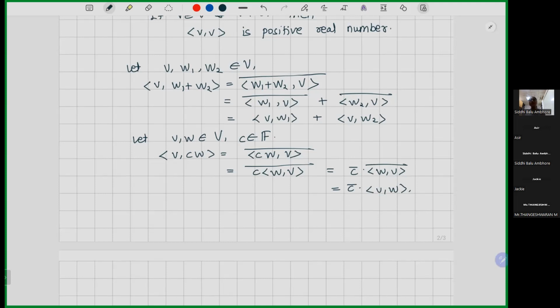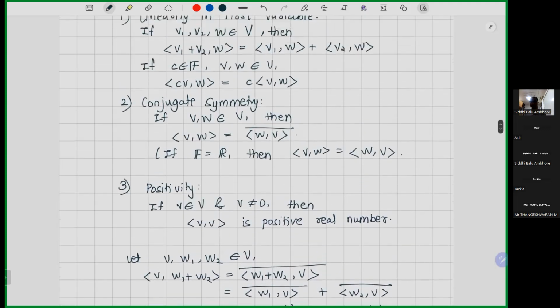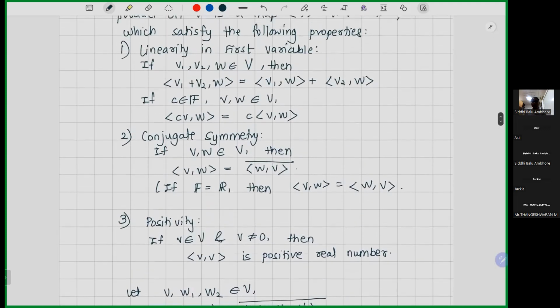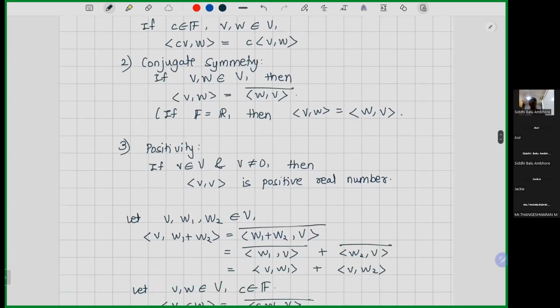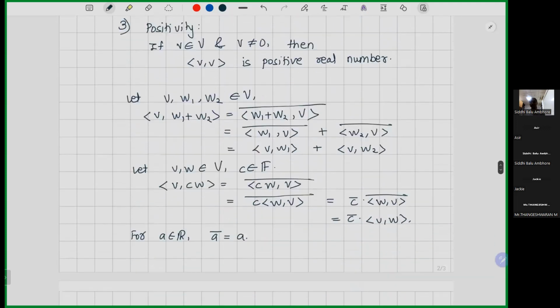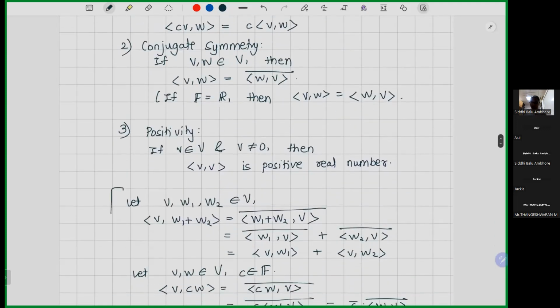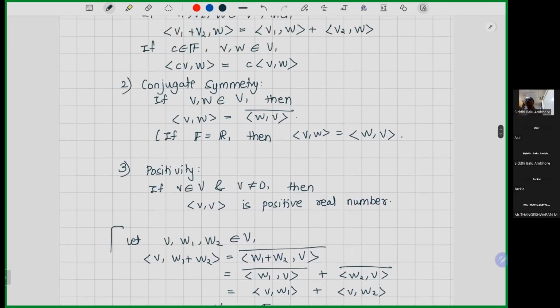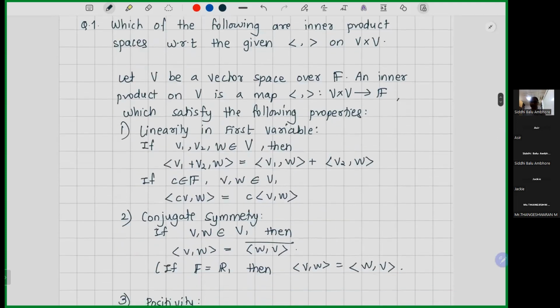Note that when we have real, then that doesn't happen because this conjugate again becomes the number itself. So for a in R, note that a conjugate is a itself. So in that case, that's why this linearity in second variable follows as it is in case of R. I told this about the second coordinate because it becomes handy when we do calculations. So I hope this is clear for now.